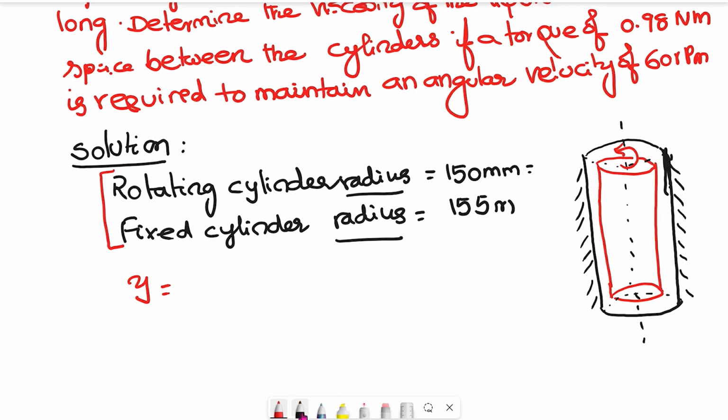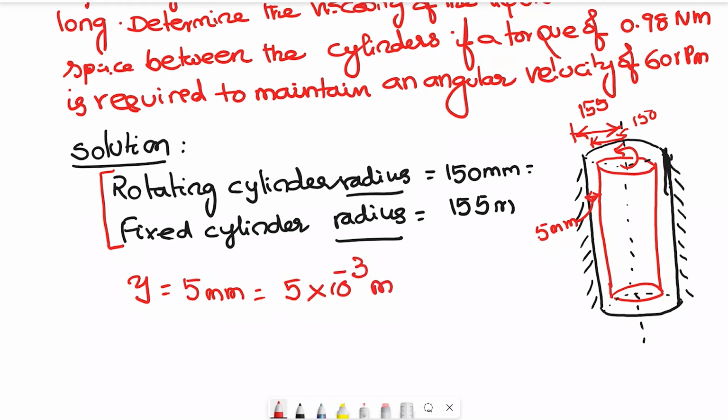Now from the data point of view, if I see this diameter, the radius is 155, whereas if you take it, actually this is 150. So that means the difference is how much actually? 5 mm. So it is 5 mm, so 5 into 10 to the power of minus 3 meters.